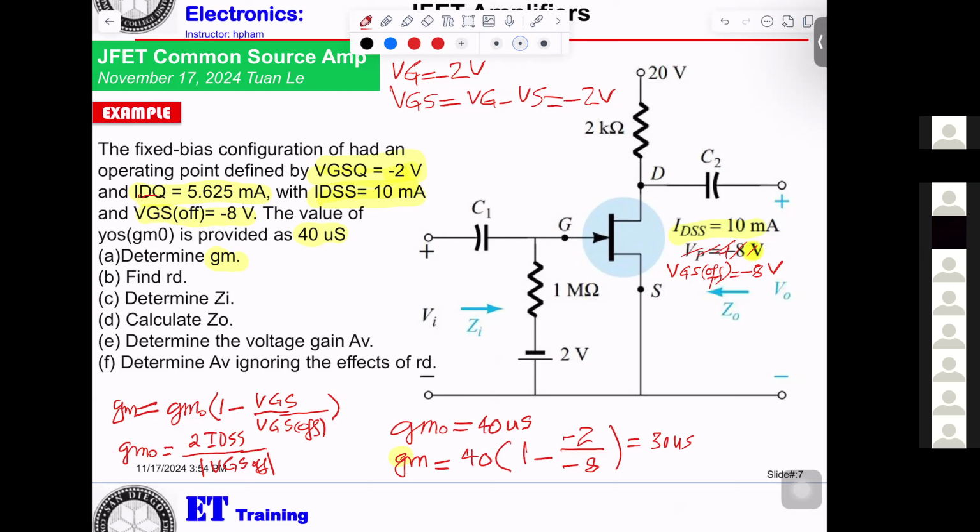Number B, we're not working that. That means they want internal resistance, so we don't need to calculate that.